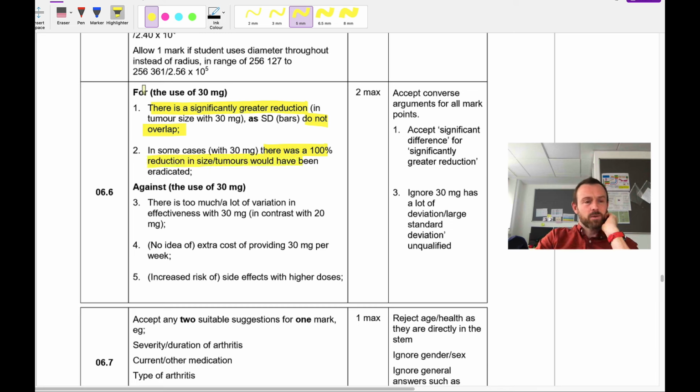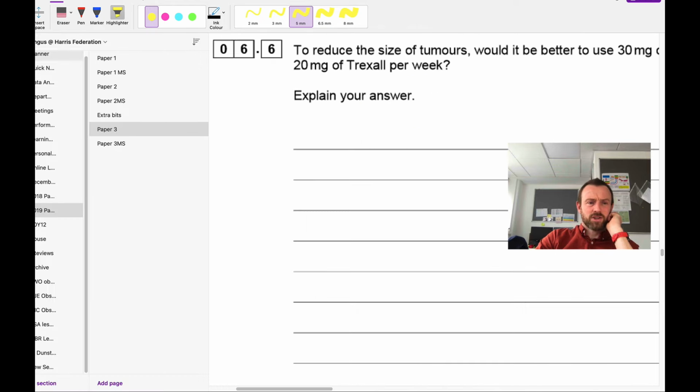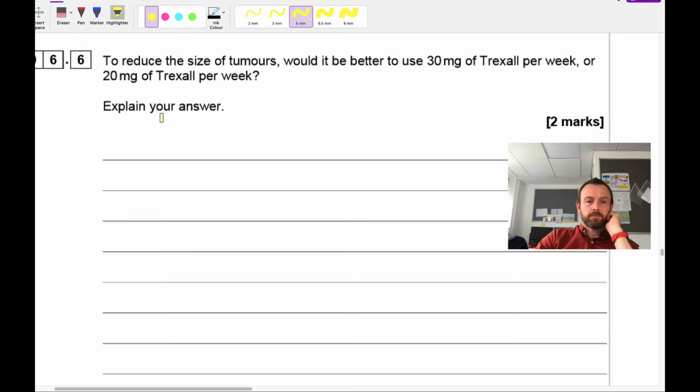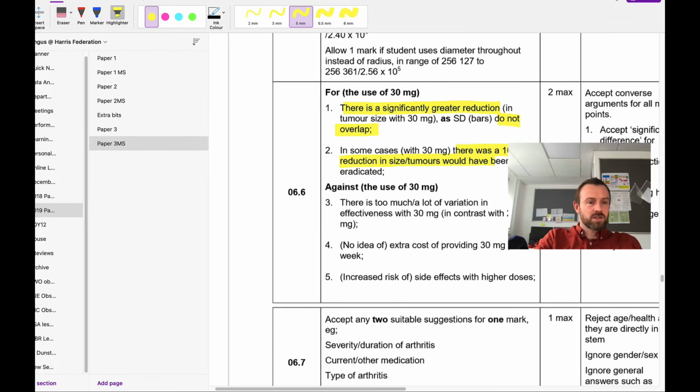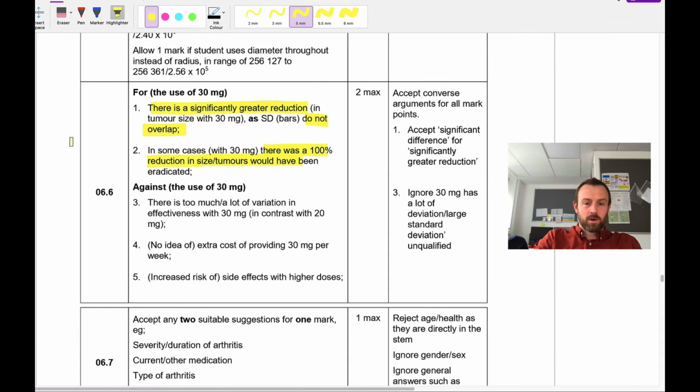This is a question I don't like, because the command word of the question is not the right command word. AQA, come on now. This is an evaluate question. It should be: someone says it's better to use 30 milligrams of Trexel per week versus 20, evaluate this statement. Because actually the mark scheme has marks for and against, which is characteristic of an evaluate question.